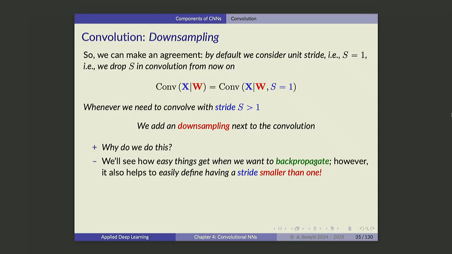But there is one other reason, roughly the same thing your friend asked: you are now able even to do convolution with a stride less than 1.